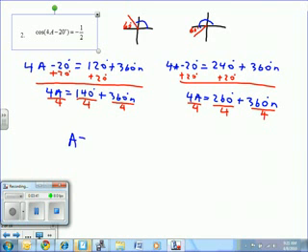And we end up with a equals what? 35 plus 90n and 65 plus 90n.